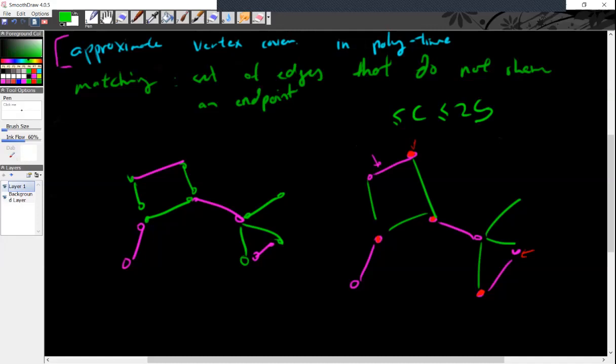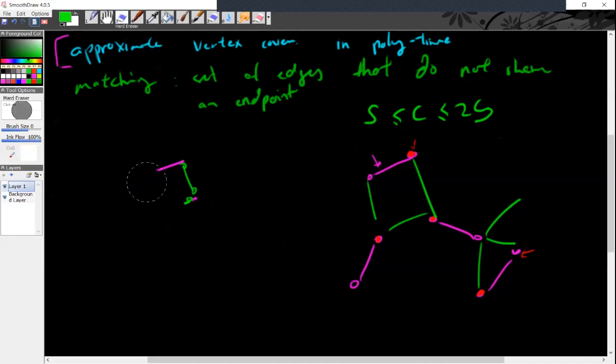S, the number of edges in the matching set that we got. So what does this tell us? Let me clear this out. If I drew the number line again, there's going to be a 2S here, and there's going to be an S here.